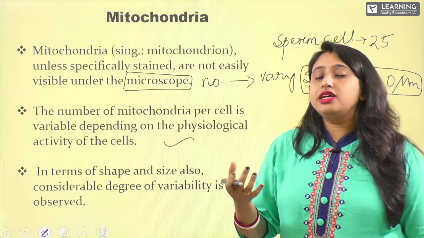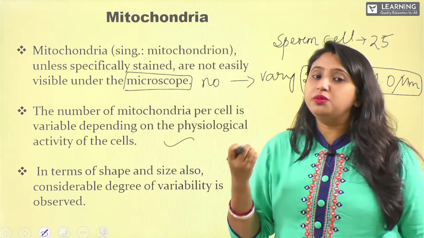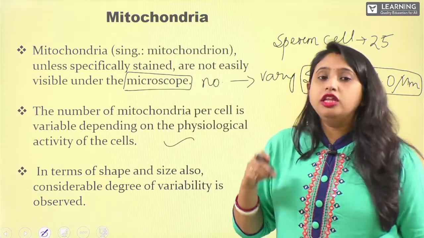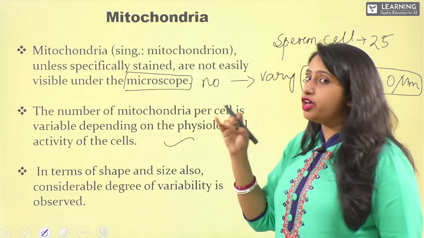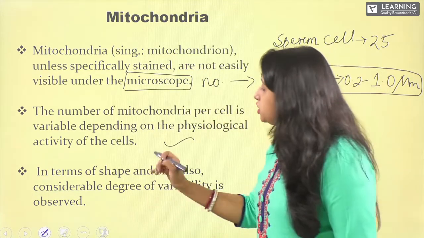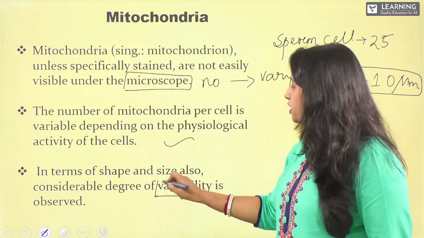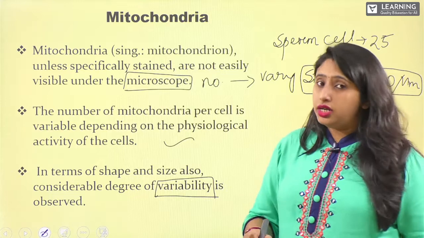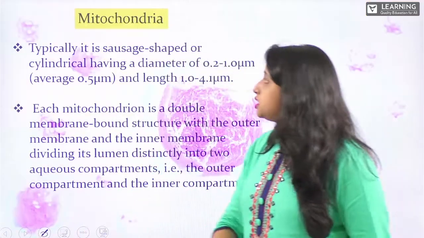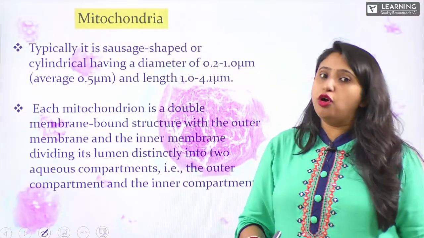Mitochondria are present in each and every cell of our body. The shape also varies considerably from one cell to another. Now, typically, what is the shape of the mitochondria?